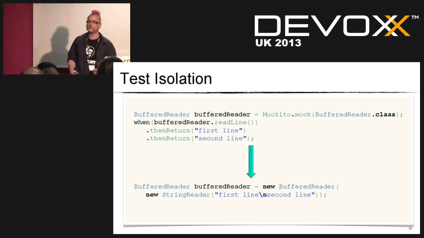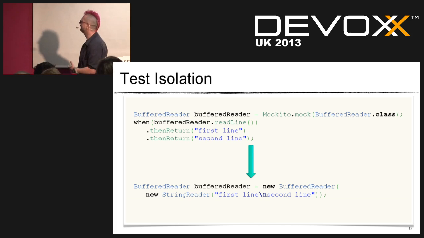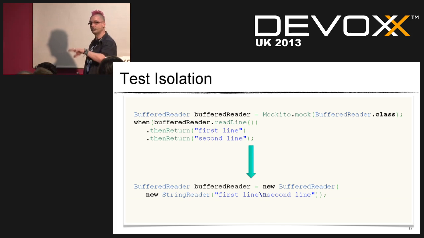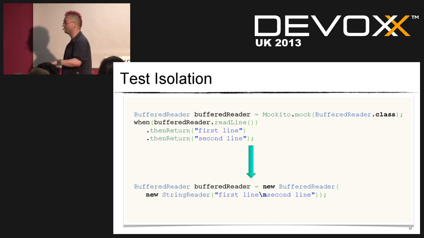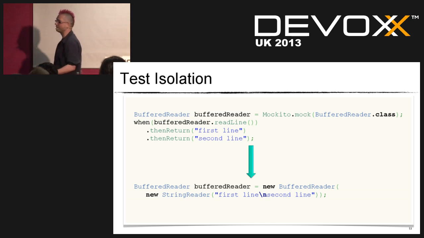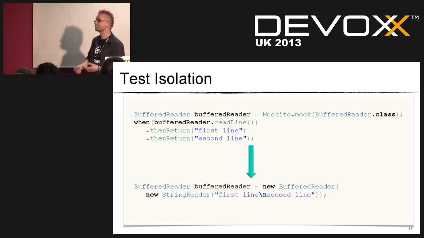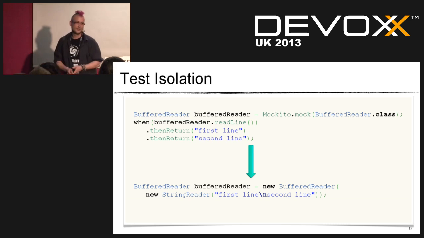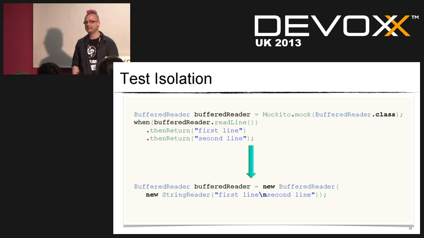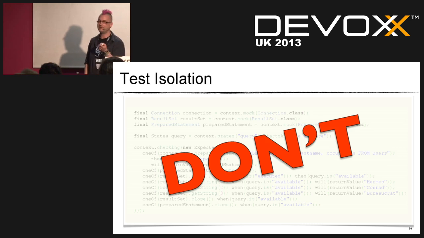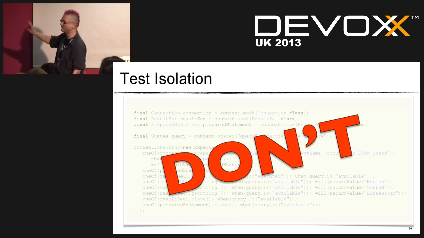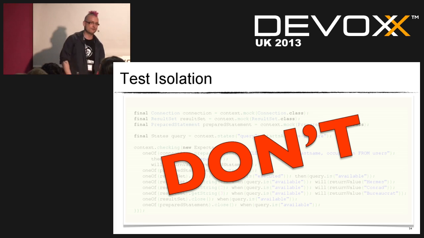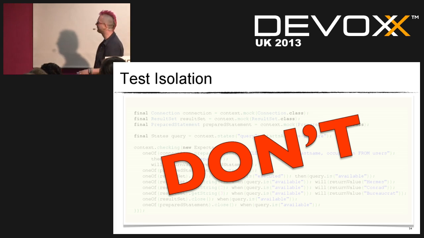And what you find when you're mocking at this kind of level is you spend a lot of time refactoring your production code, making it nicer, better, maybe more performant, and all your tests are breaking all the time. And you don't want your tests to break, because you really don't care what's gone on there. The biggest culprit I see for this is people doing JDBC. Don't read the code behind there, it's really horrible, very complicated.